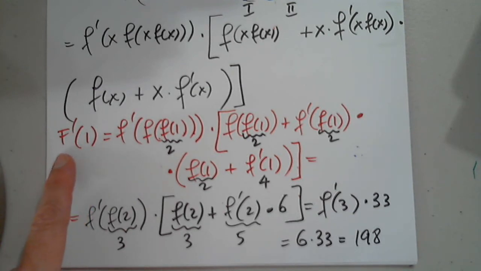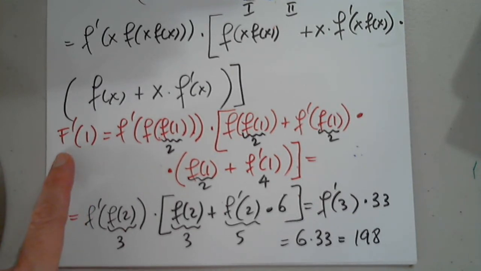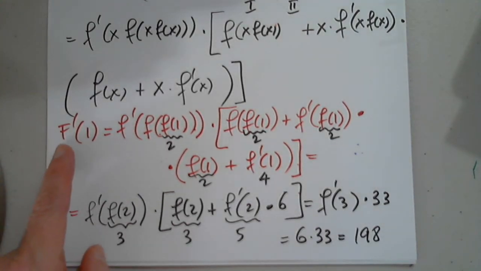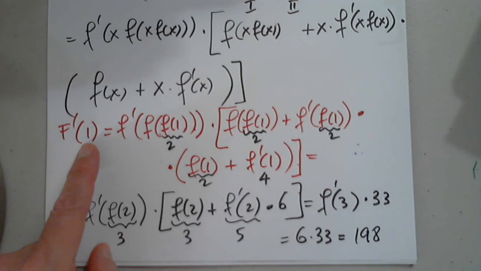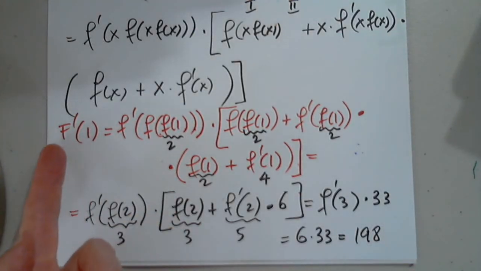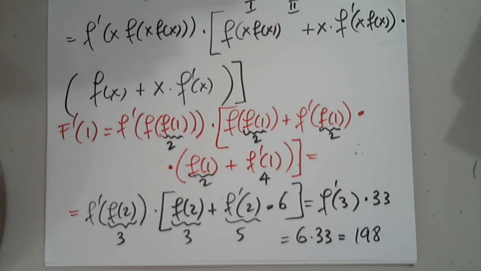So depending on your line of work, if you're interested in determining the instantaneous rate of change of this function when time is 1, then you will have it here, 198 measurement units over measurement units, depending on what x and f are measured in.